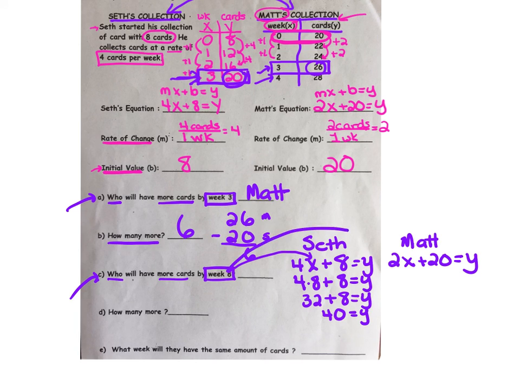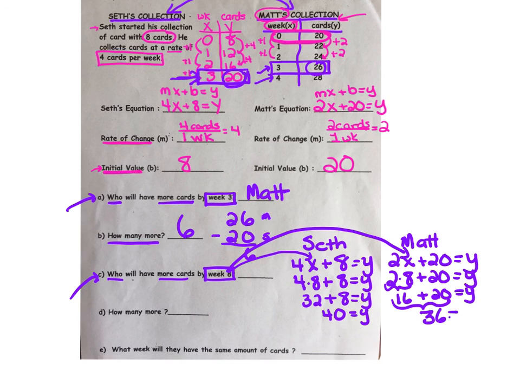Now let's sub that into Matt's formula. 2 cards per week after 8 weeks, plus the 20 cards he began with. Well, 2 times 8 is 16, plus 20. Add those up.